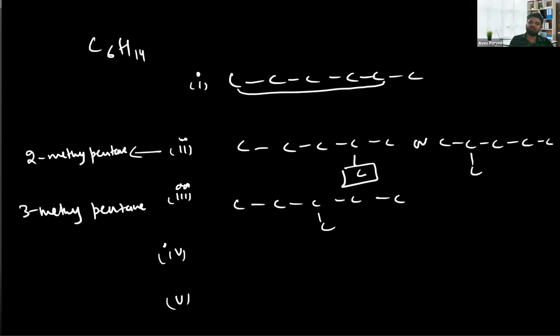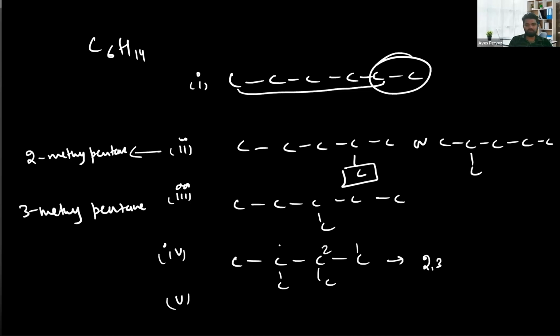Now in the next one, we free 2 carbons. These 2 carbons you cannot use as terminations. So in the next one we have only 4 in the main chain, and the 2 carbons are free. Place 1 here and 1 here. What should be the name of this one? 2, 3. Complete the name. 2, 3 what?